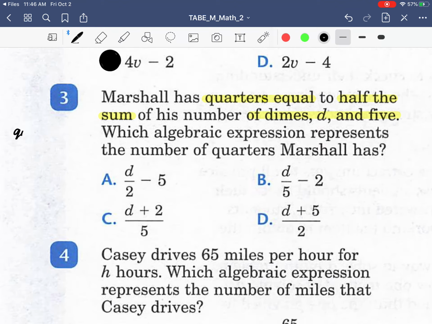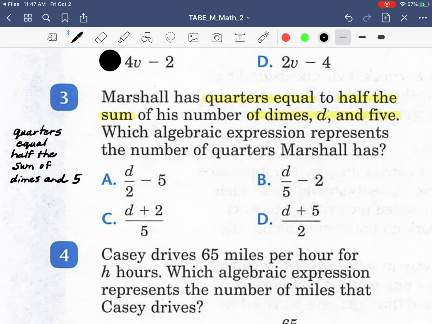So I'm going to write quarters equal half the sum of dimes and 5.